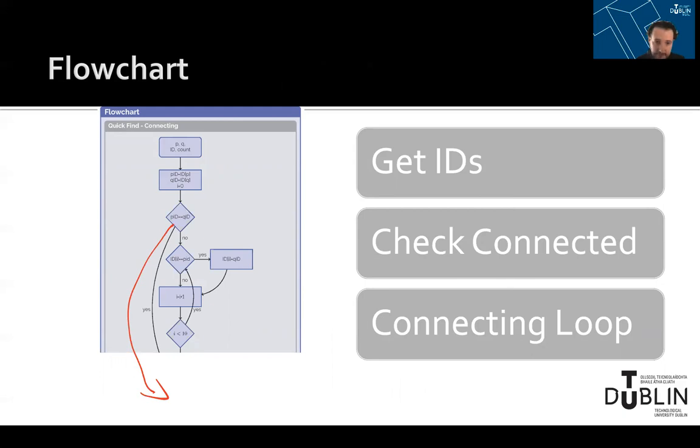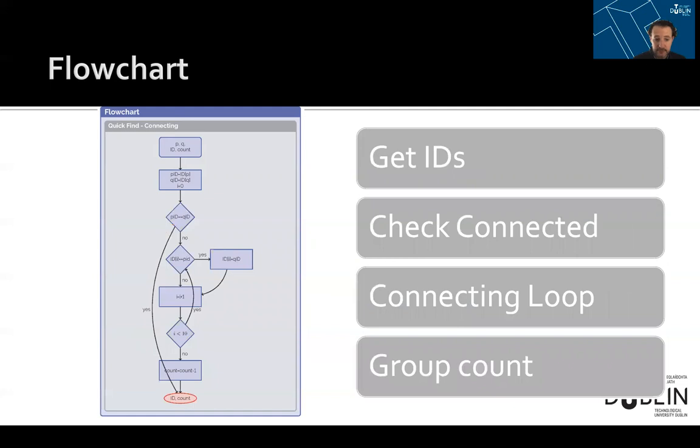If they're different, you have to loop. So you go and say, okay, is there anything the same as PID there? If there is, change to QID and go round and round and check every single node, in this case, 10 nodes. And when you're finished connecting, reduce the count. But note, if they're connected, I don't go to count because I don't decrease the number of groups. I just exit immediately.